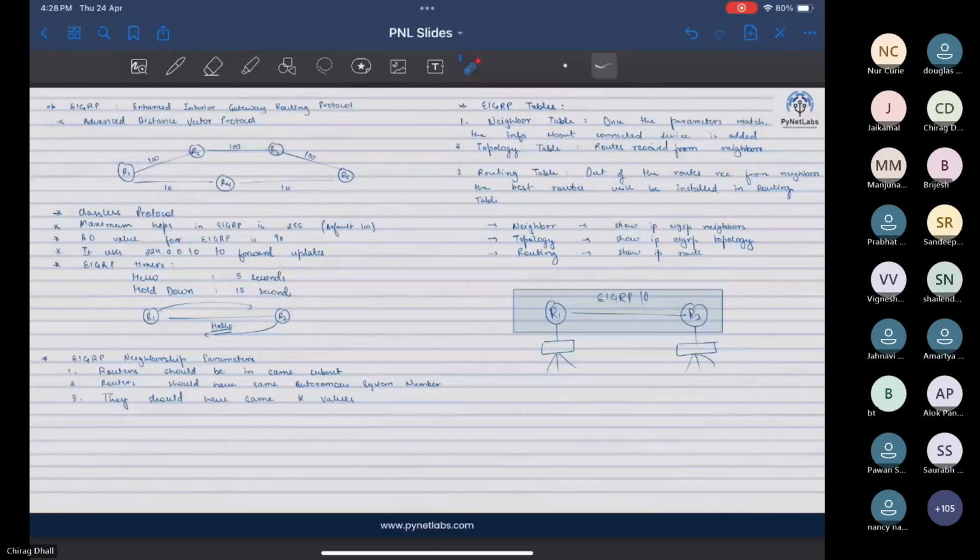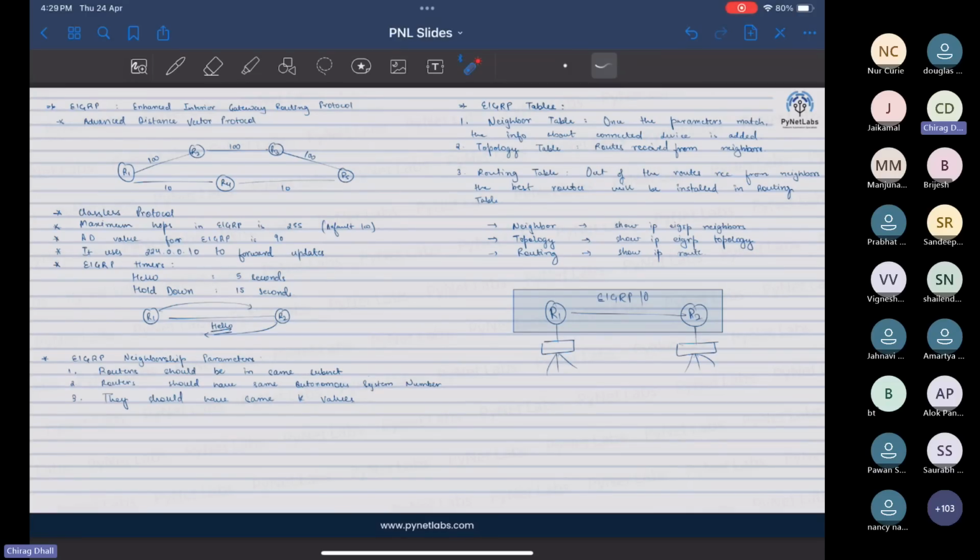All right. Now we are going to understand first of all what is the metric calculation formula for EIGRP, and we'll also be speaking about an algorithm which is used by EIGRP to find out the best path, which is your DUAL algorithm.